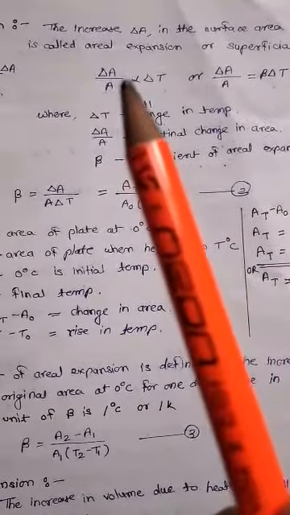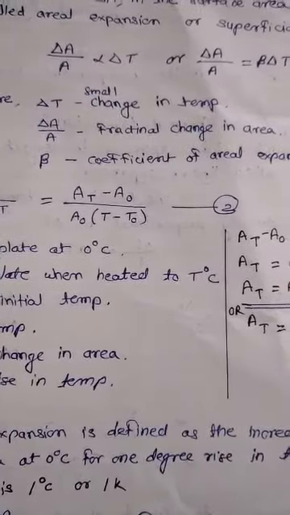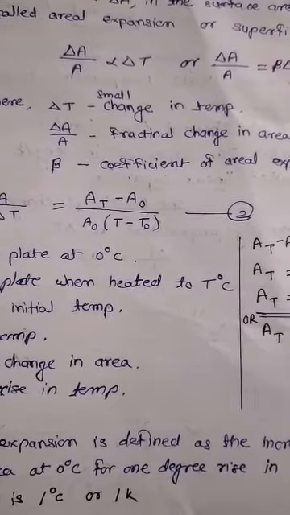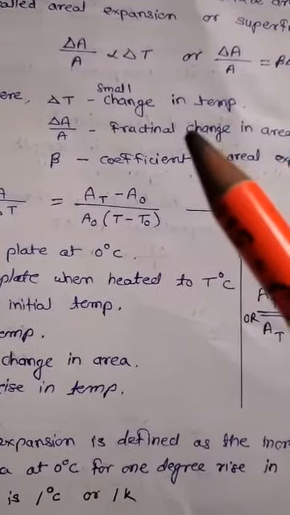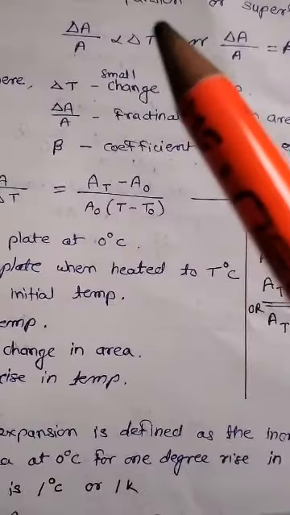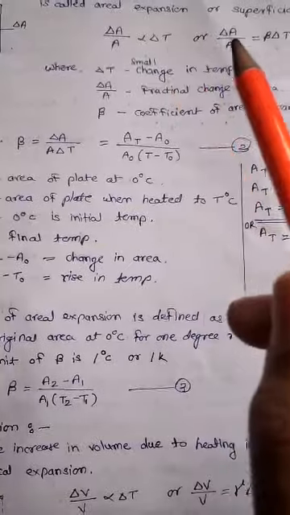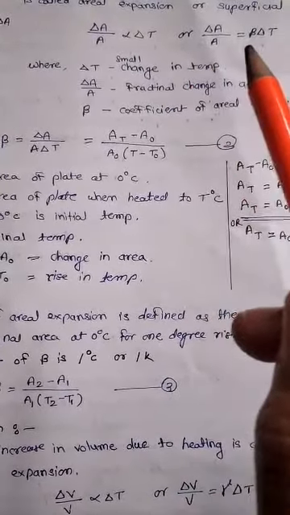Delta A upon A is directly proportional to delta T. If a substance is in the form of a plate of area A, then for a small change delta T in temperature, delta A upon A is equal to beta delta T.